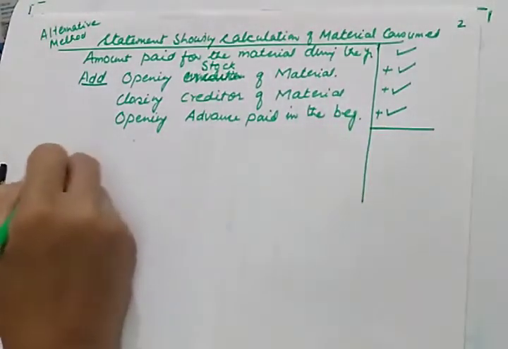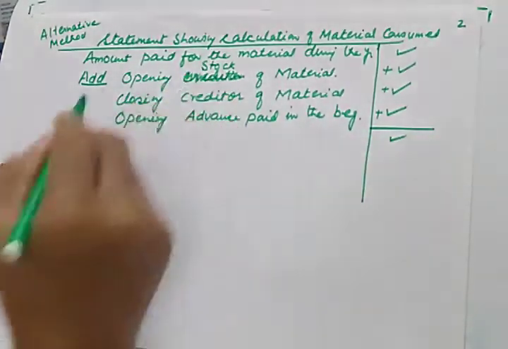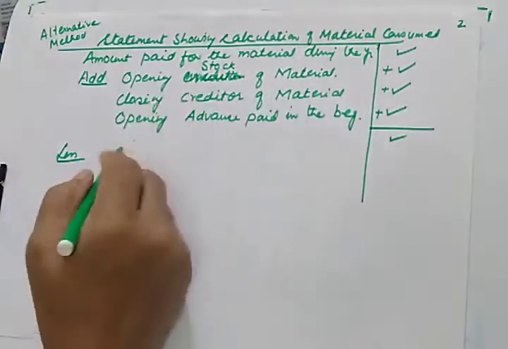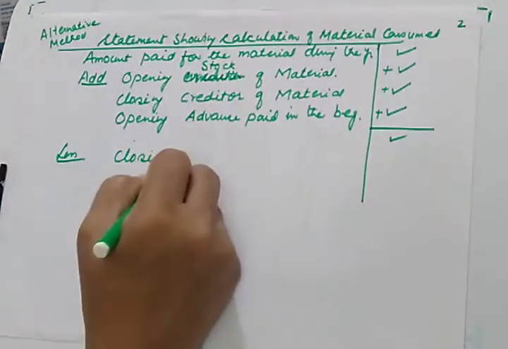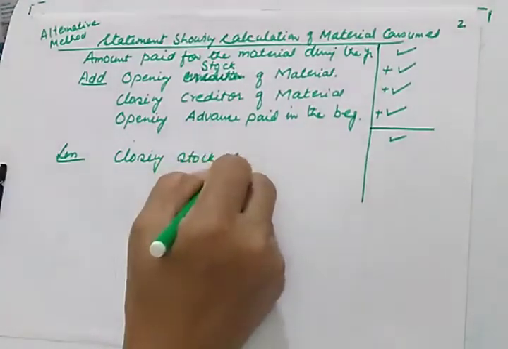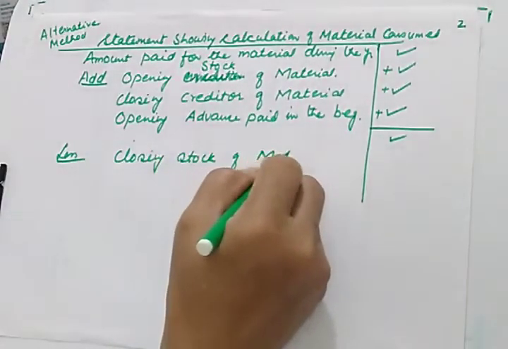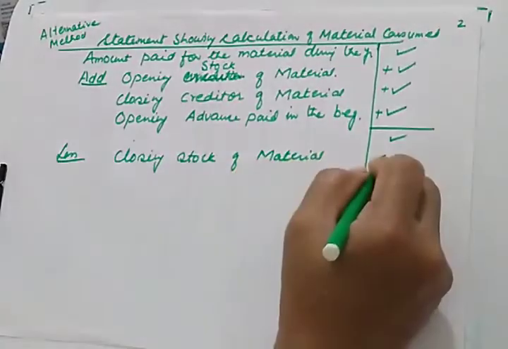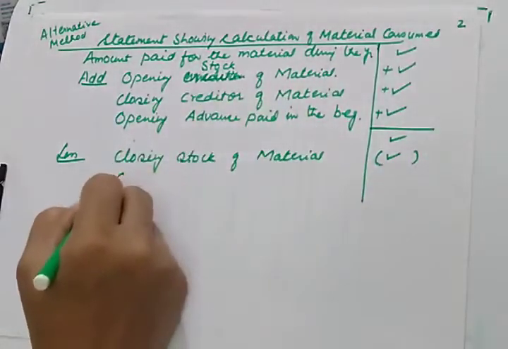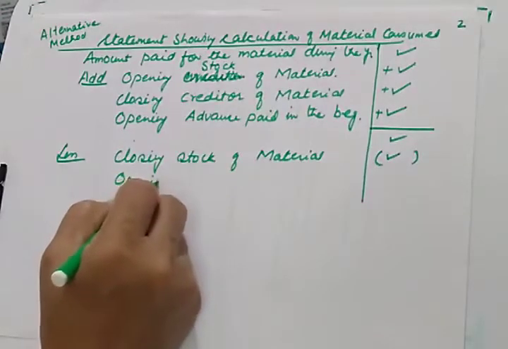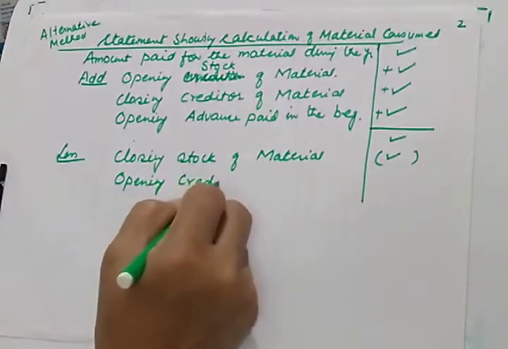So after that, from this amount we will be deducting the opposite of this. So like opening stock is added, so closing stock will be deducted. And likewise closing creditors are added, so opening creditors will be deducted.